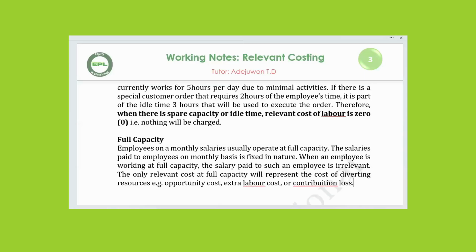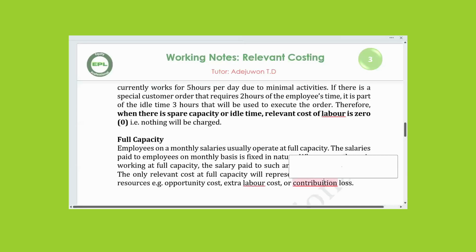These are the examples of diversion of resources. Let me explain this.